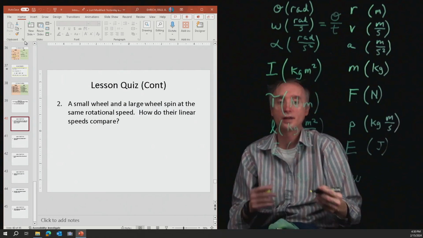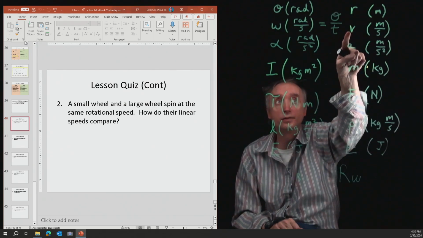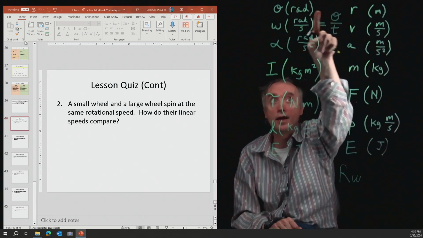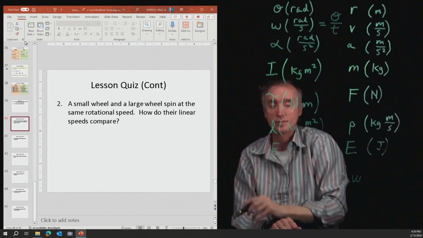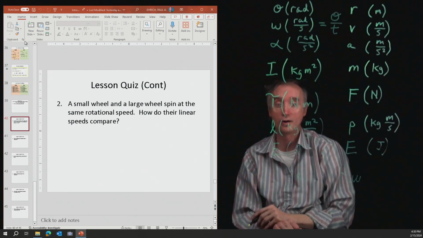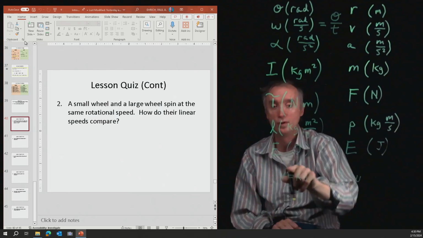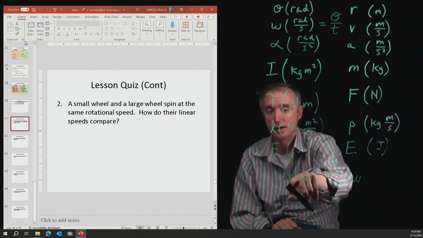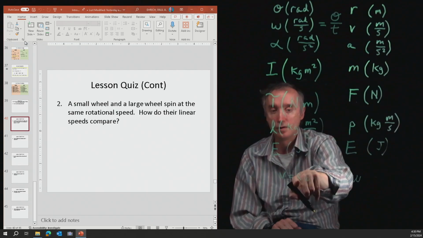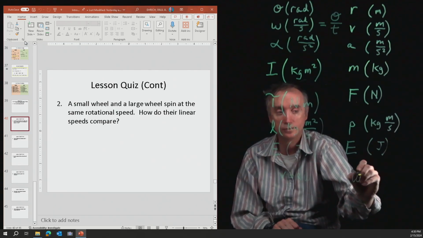Okay, what was the connector between linear speed and rotational speed? It was the R. And so we said that linear speed v is going to be equal to rotational speed times the radius, and then over here it's the same thing.